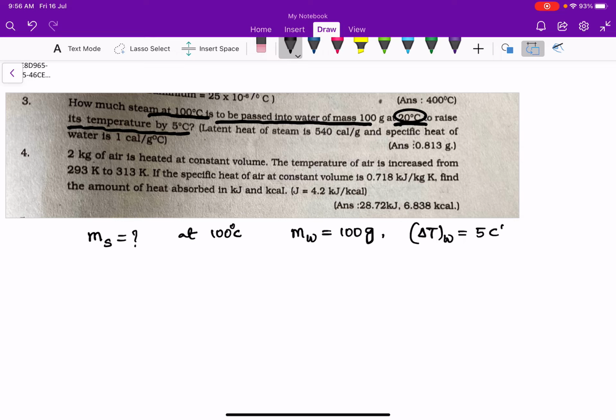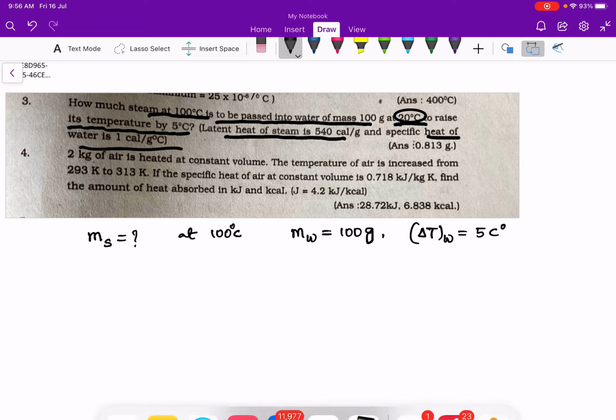The latent heat of steam is 500 calories per gram and the specific heat of water is 1 calorie per gram. Here the latent heat and specific heat are given in terms of calories, not joules. Whenever this steam is added to water, the steam is losing heat energy and the water is gaining heat energy.